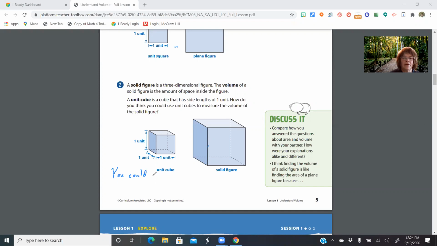You could use 1 inch unit cubes to fill the solid figure without gaps.